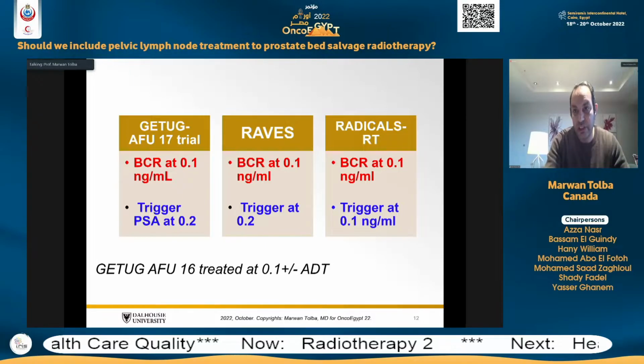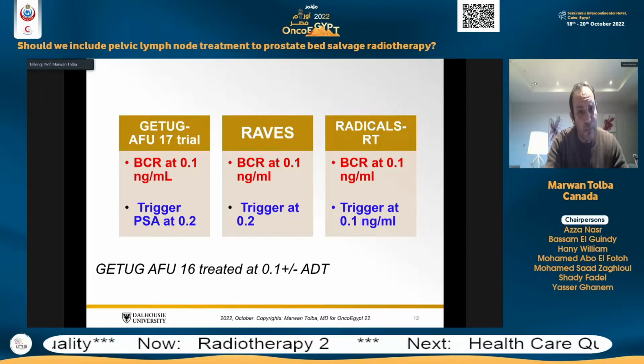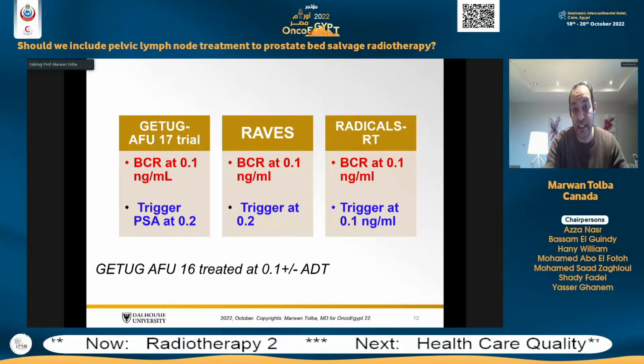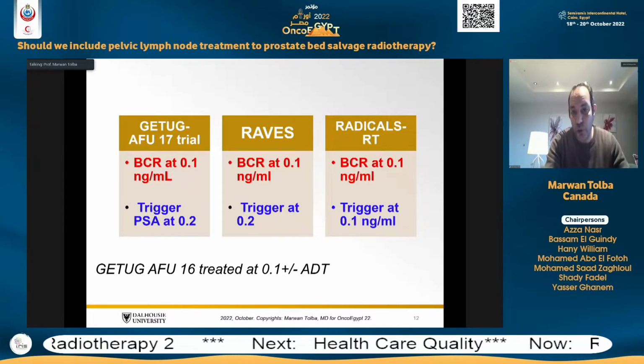Only the RADICALS-RT trial treated at 0.1 nanogram per milliliter. However, GETUG-AFU 16, which was not included in this meta-analysis, also treated at 0.1.